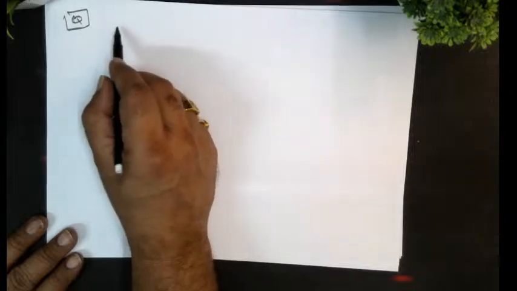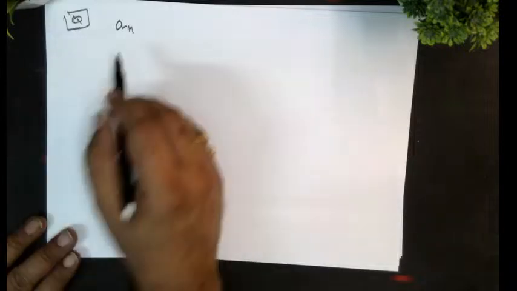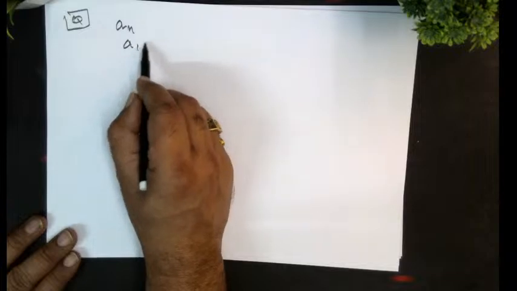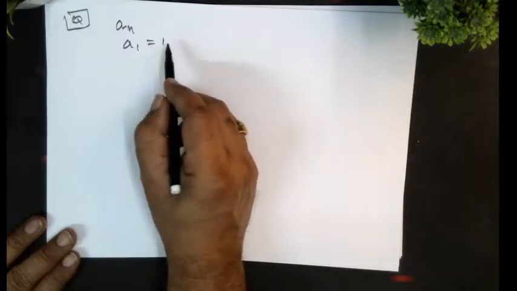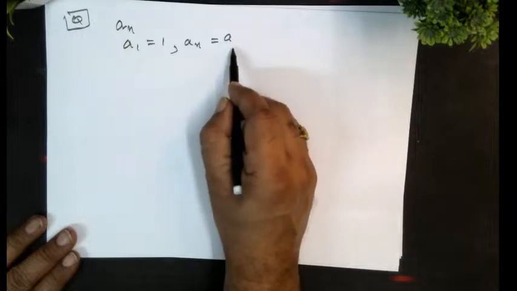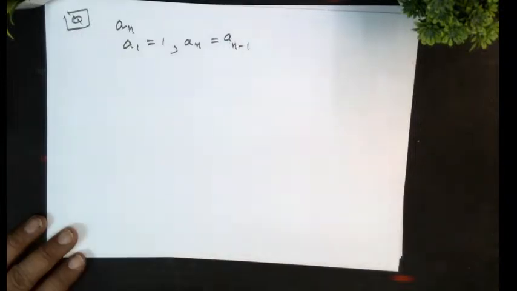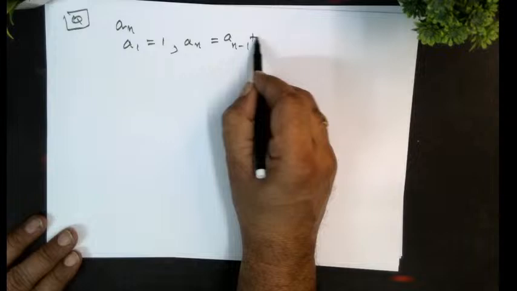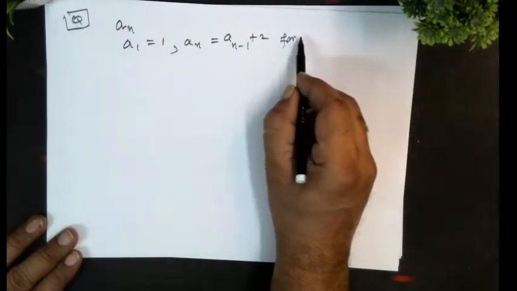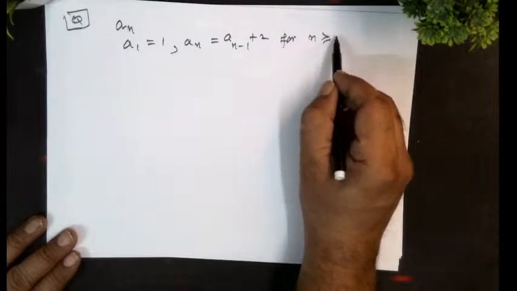Next question. Let the sequence An be defined as follows. A1 is equal to 1, that is the first term. An is equal to An minus 1 plus 2 for n greater than or equal to 2.